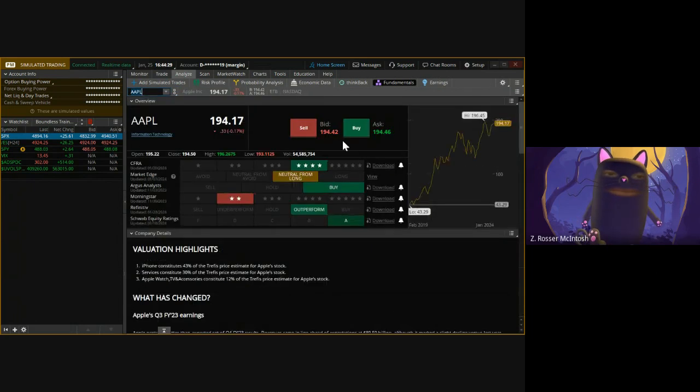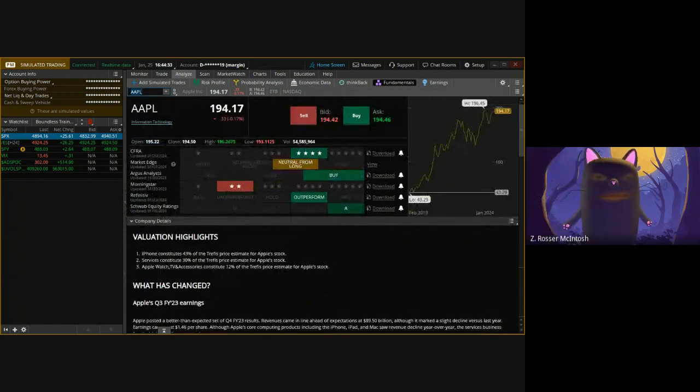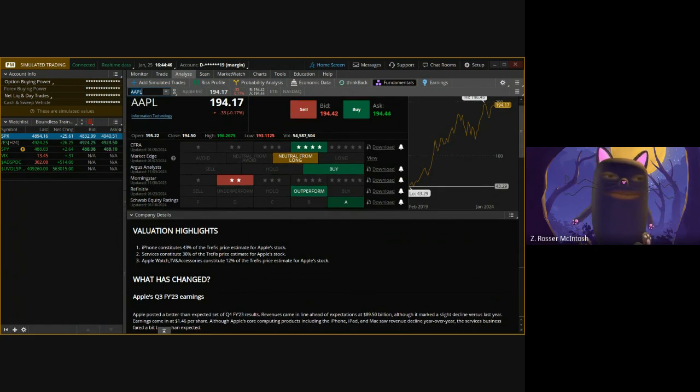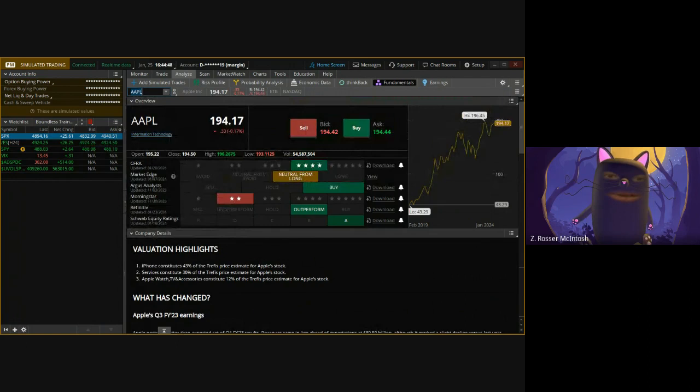Here we can take a look at ratings from different analysis groups: Market Edge, Morningstar, which is usually pretty good, and Schwab equity ratings. These are just some internal things.